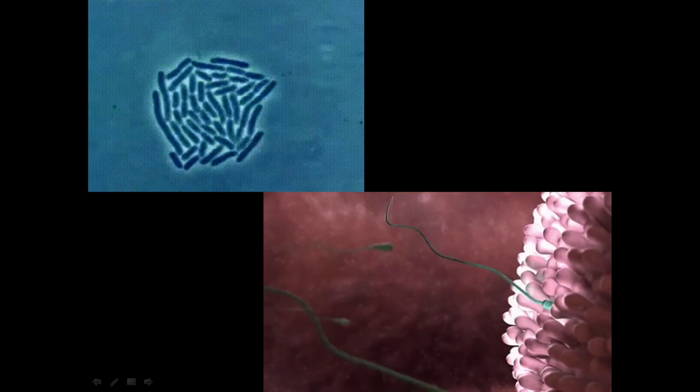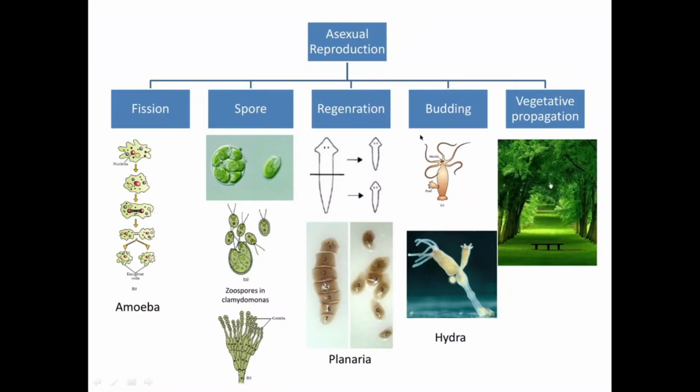Reproduction. It is the ability of an organism to produce young ones of its own kind. Reproduction occurs either by asexual method or by sexual method. Asexual reproduction is commonly observed in lower organisms in which there is no sexual dimorphism and no formation of gametes. For example, in fungi, asexual reproduction occurs through spores.